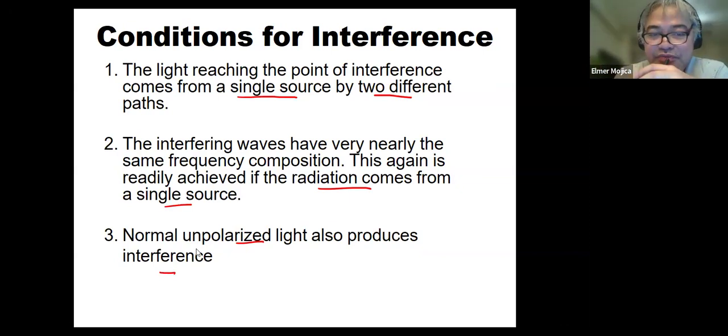And when they meet and they interact with one another, that's where we could say interference happens. So the result can be the reinforcement of the waves or the cancellation of the waves. And if there's a reinforcement and a cancellation, what is the pattern that you're going to observe? Bright, dark, bright, dark, bright, dark region.